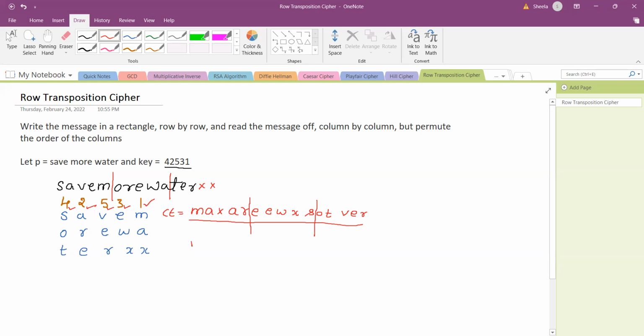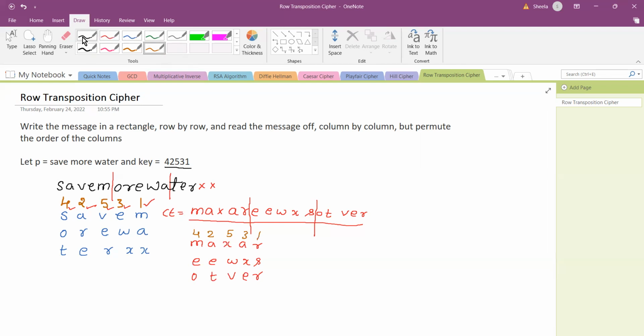So we get MAXAR, EEWXS and OTVER. This is the second round of encryption. Here I need to mention the corresponding column numbers, that is 4, 2, 5, 3, 1.